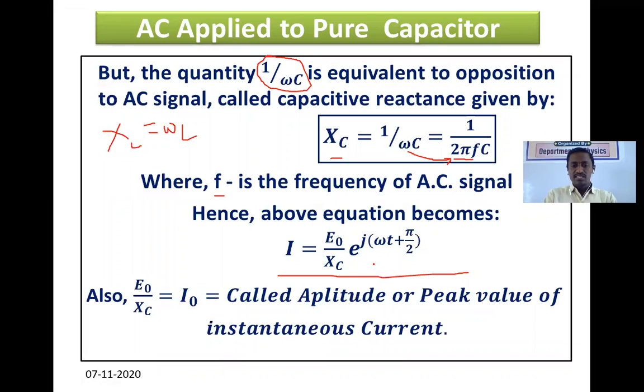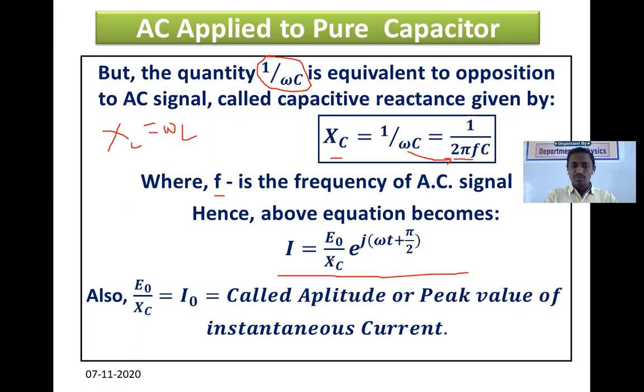As we know, XC is opposition to the flow of AC signal or AC current, and it is again analogous to the resistance. So in this equation, E0 is the amplitude or peak value of the voltage divided by XC, a quantity equivalent to resistance.